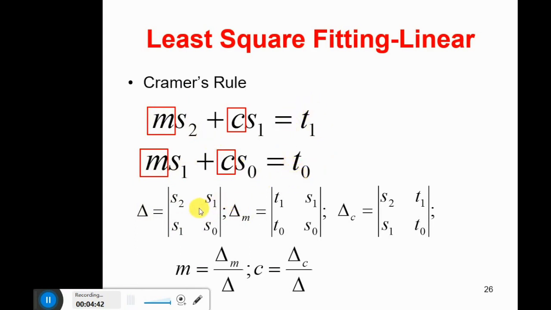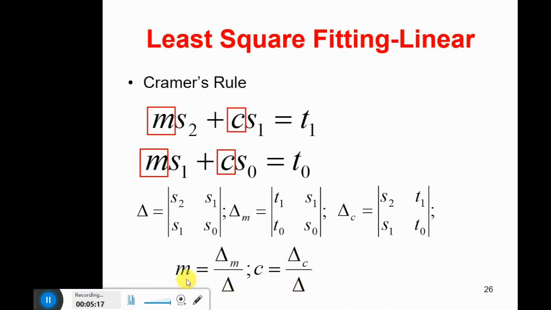So instead of S2, S1, we have T1, T0, and S1, S0 are as they are. And for writing delta C, we have to replace this S1 and S0 by T1 and T0. So this is delta C. This is a standard thing which is taught in the 11th standard in India. So M can be found by delta M upon delta, and C is equal to delta C upon delta.